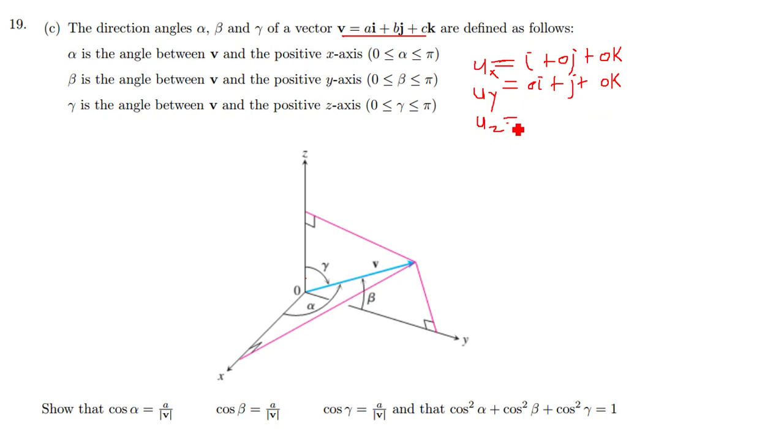This is just going to be 0i plus 0j plus k. So this is what I meant by saying units. When you find the magnitude of this, you find it to be 1, even this one will be 1, even that one to be 1.